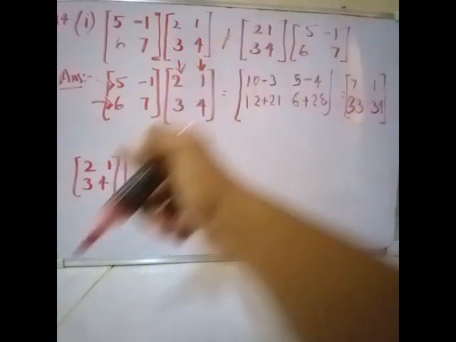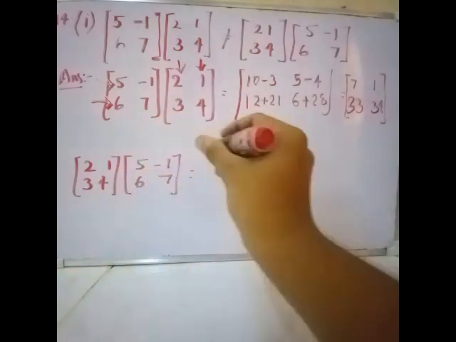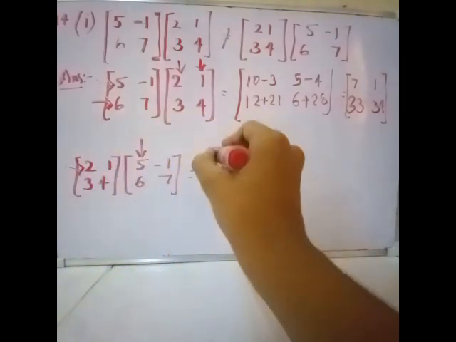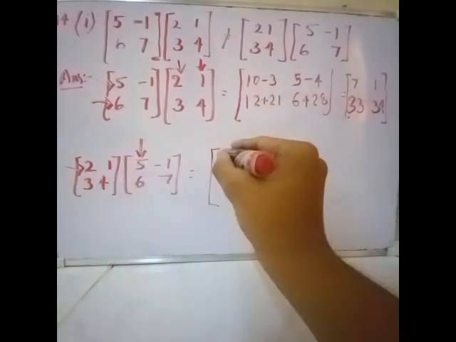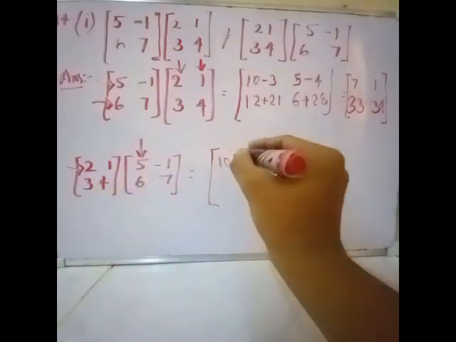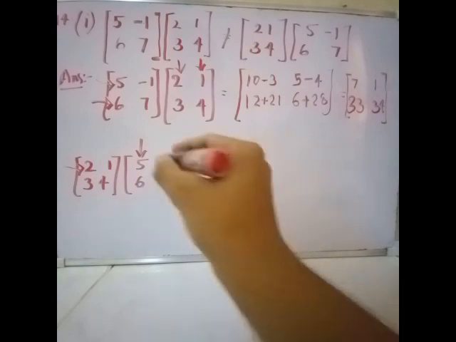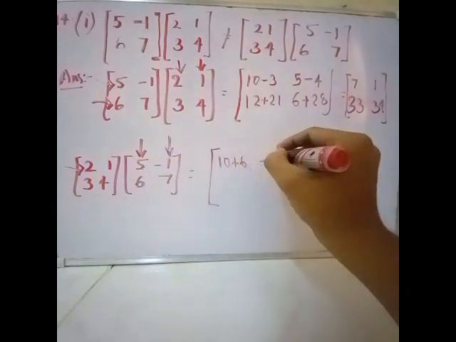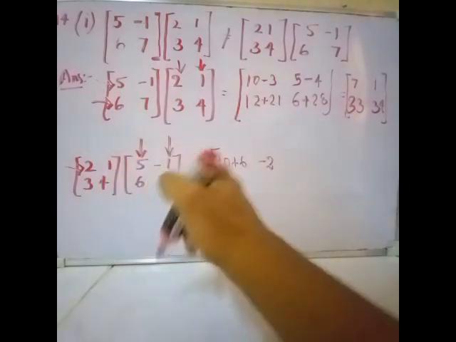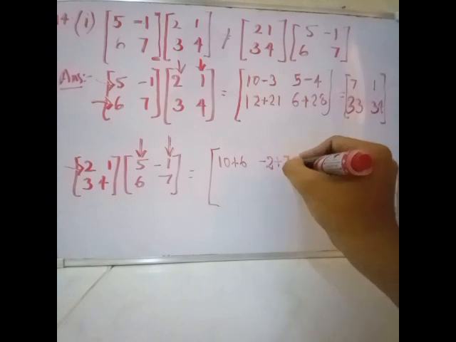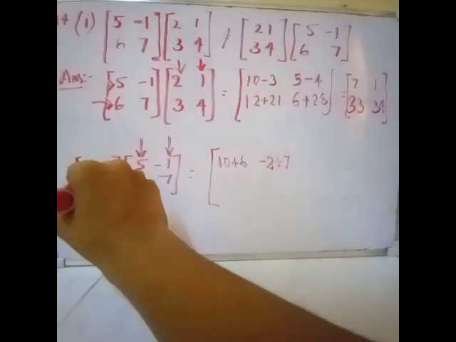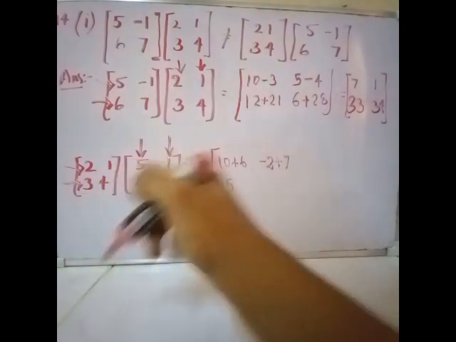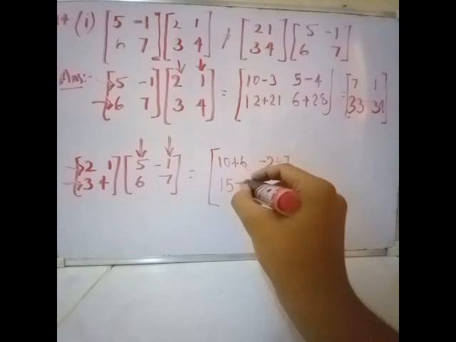So now this matrix first and the other one second. Doing the same, first row with first column for the first element, 2 times 5 would be 10, and 1 times 6 would be 6, right? Now second column, 2 times minus 1 would be minus 2, and 1 times 7 would be plus 7. And now second row, first column, 3 times 5 would be 15, and 4 times 6 would be 24.